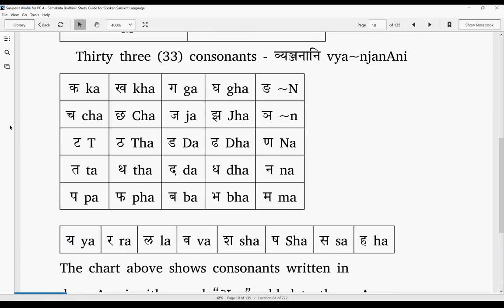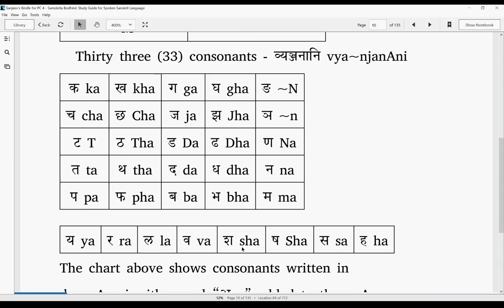Ya has the same position as cha, cha, ja, jha, nya. That is talu position. Ra has the position of ta, tha, da, dha, na, murdha position. La has the danta position. Va has a dantoshtha position, meaning a combination of teeth and lips. Both coordination is needed there. When I was saying va.